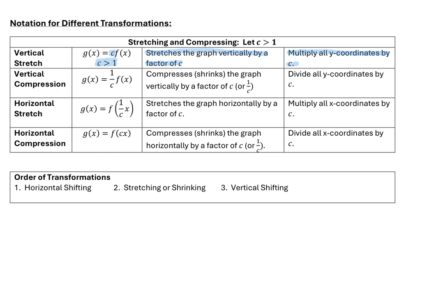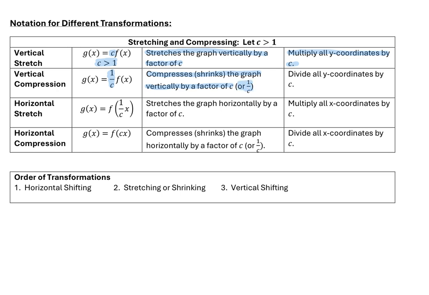We also have vertical compression. And so the book does this a little bit differently than I do, but it's the same idea, that if you have a fraction in front, then what we're going to do is compress or shrink the graph vertically by a factor of c or 1 over c.